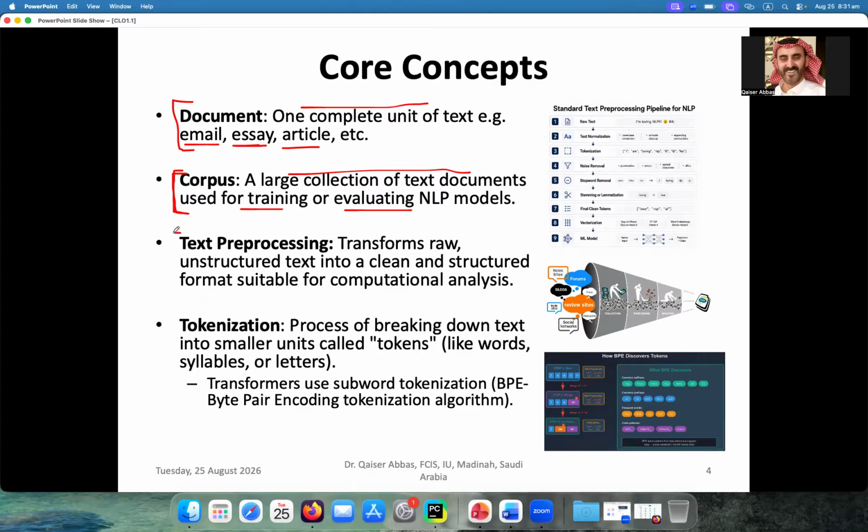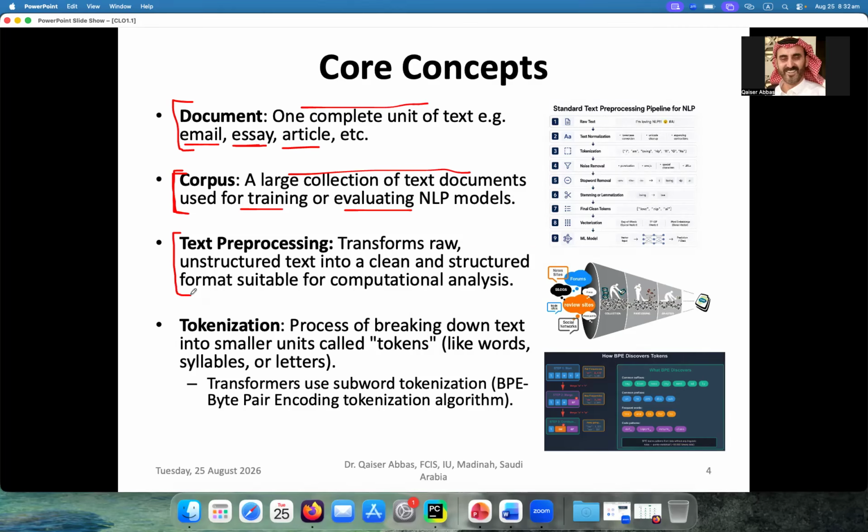So now the next term is text processing. Before that there is text collection, but I am not mentioning that. You are collecting data from different sources. When you have collected that data, now you are going to perform text processing. And this text processing will do what?